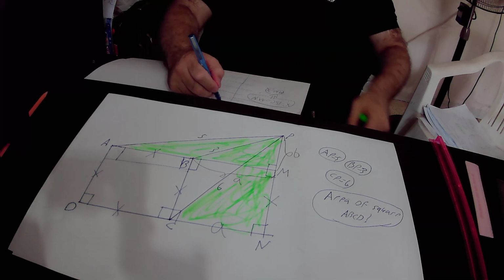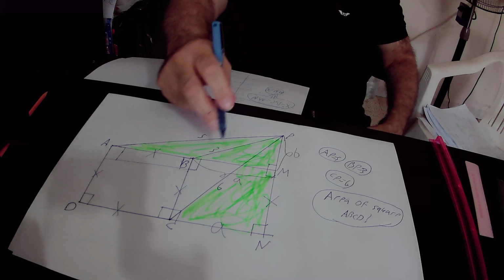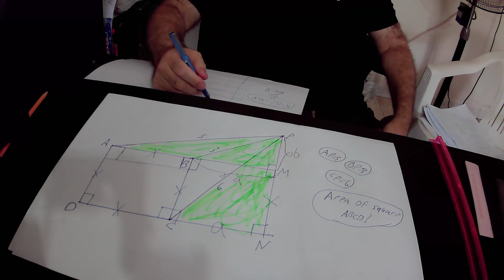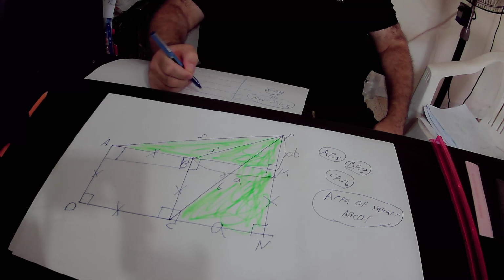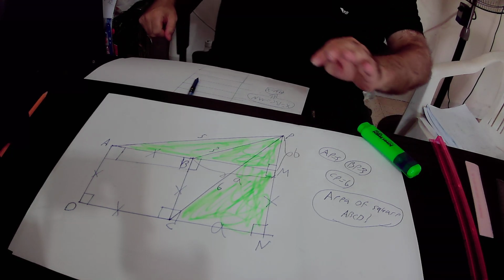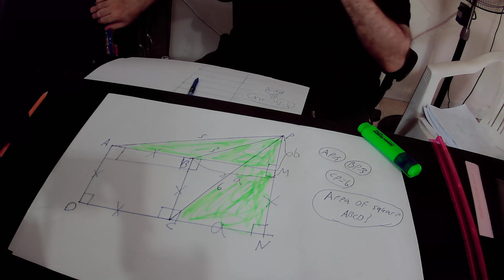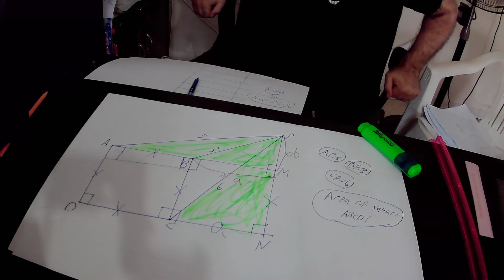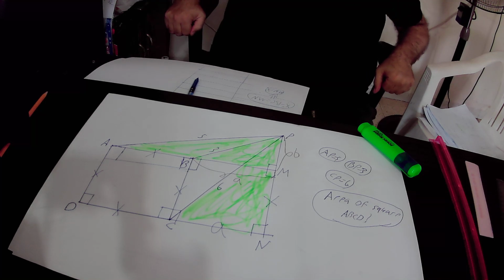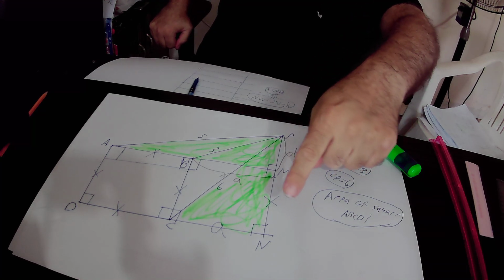According to what is given in the question, the hypotenuse PC equals 6 units, therefore PC squared is 6 squared, that is 36. So 36 is equal to PN squared plus NC squared.